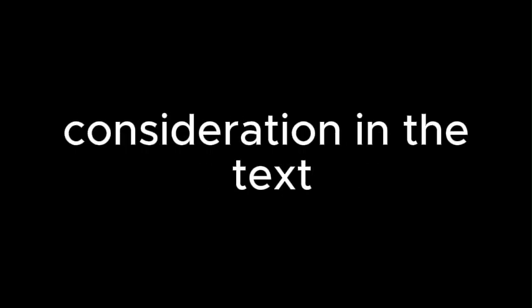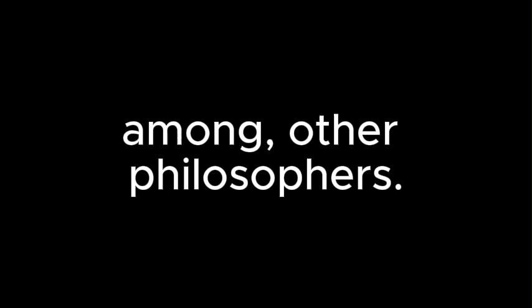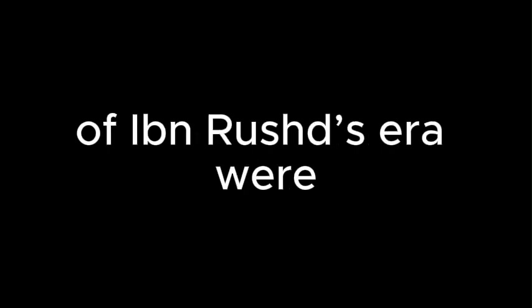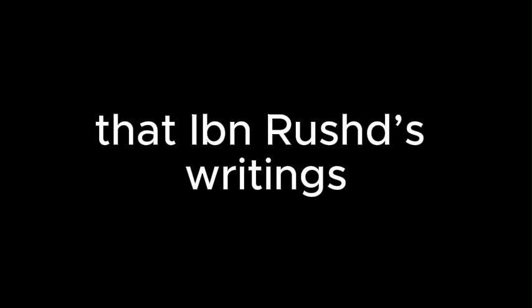Choice A is incorrect because the issue under consideration in the text is whether other Muslim philosophers of Ibn Rushd's time had access to his works, not whether his works were controversial among or causing dispute among other philosophers. Choice B is incorrect. The text implies that other Muslim philosophers of Ibn Rushd's era were aware of his works, not that they were antagonistic toward or hostile toward them. There is no suggestion that Ibn Rushd's writings elicited hostility from his contemporaries.